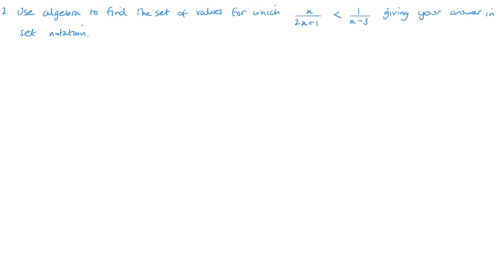So we've got our values x and 1. We're going to be multiplying by 2x plus 1 squared, x minus 3 squared.